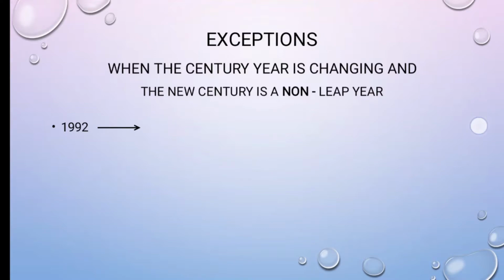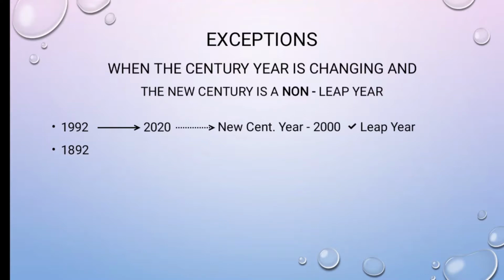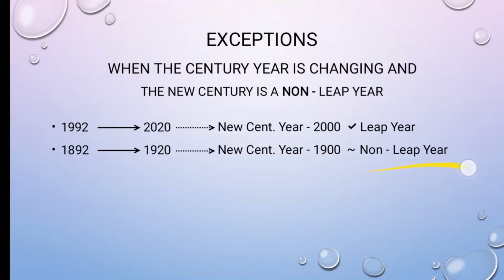So when you are changing from 1992, it is a century leap year and no exceptions are there. You will add 28 as per the rule. But in case of 1892, the new year is 1920 and the new century year is 1900, which is not a leap year. So in this case, the exceptions are there when for a non-leap century year, the last two digits, for example in this the last two digits were 92, right?